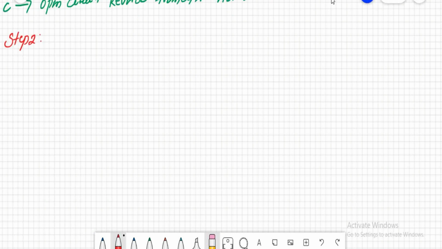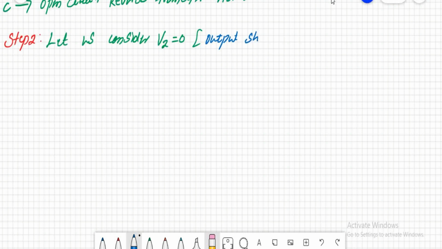Step 2 is output short circuited. Let us consider V2 is equal to 0, that is, output short circuited.